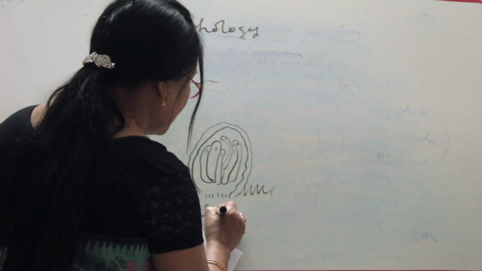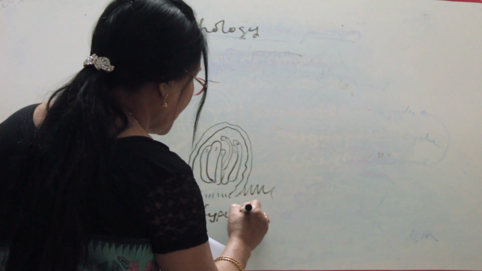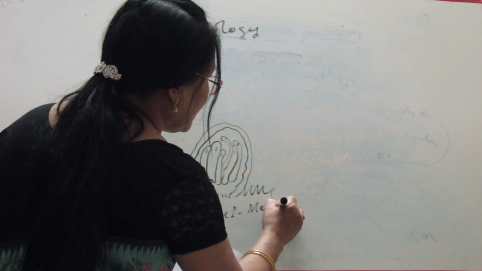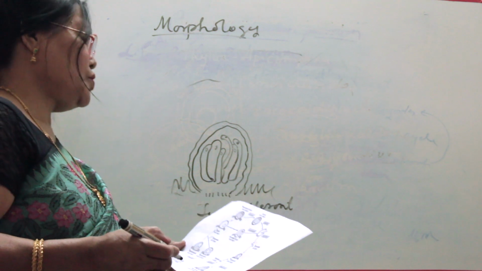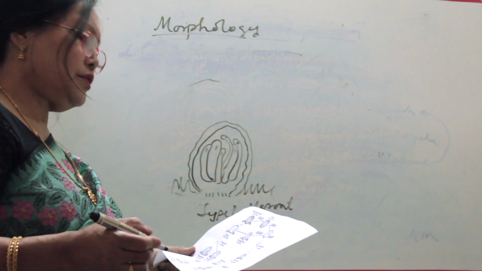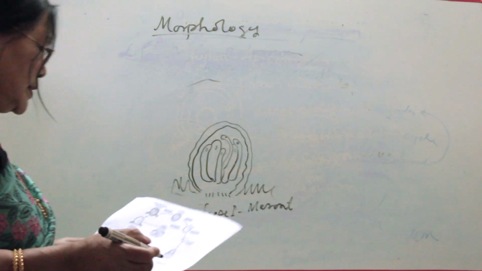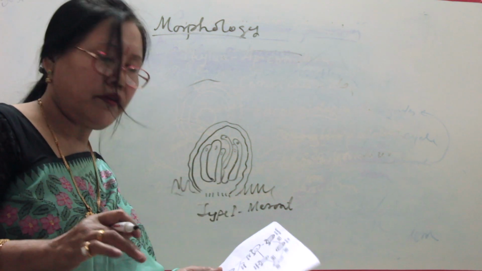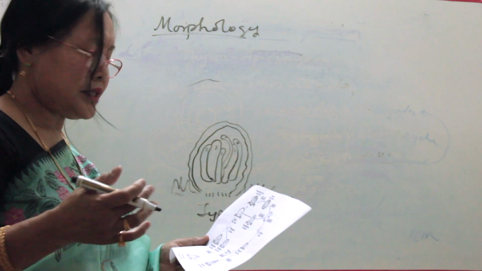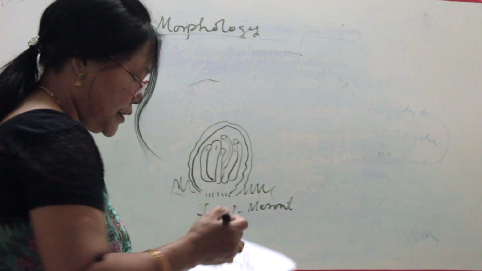For this parasite, there are three different stages: oocyst, meront, and the gamete stages. Then from this, the type 2 meront is developed, with the same structure.